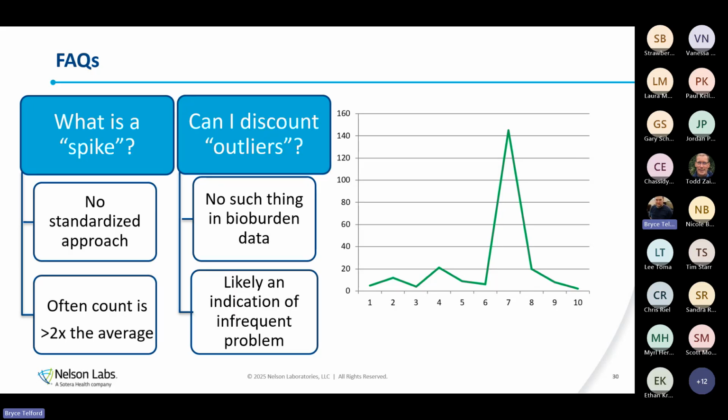So a lot of times you're going to set alert and action levels, and those alert and action levels are going to be based on your historical data. Using standard deviations tends to be a common approach. There are times where we will sometimes look at things logarithmic. Sterilization tends to be logarithmic, but generally speaking, for our bioburden trending, we generally don't do log transformation.